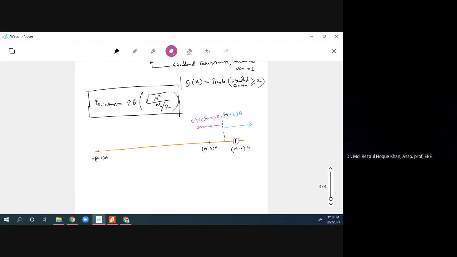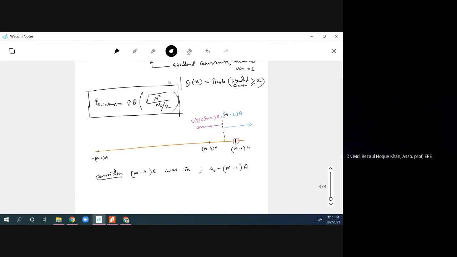So consider that m minus 1 a was transmitted. If this was, then a0 equals m minus a.